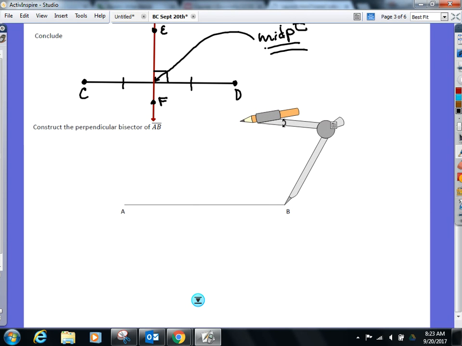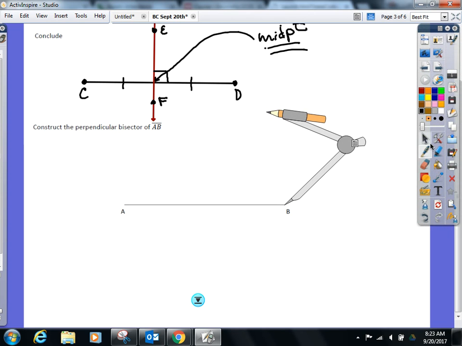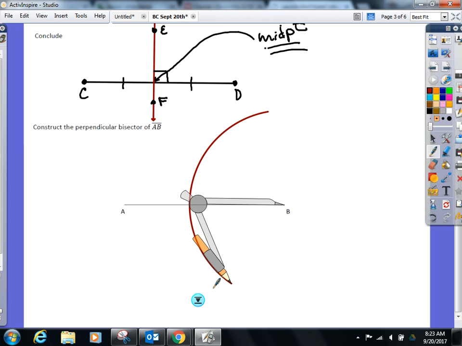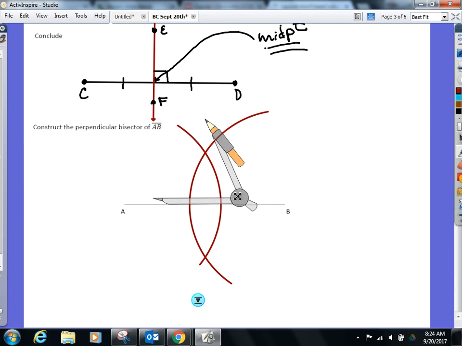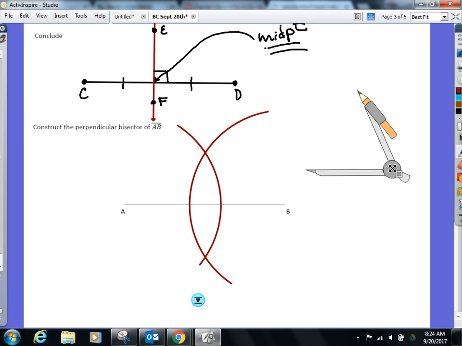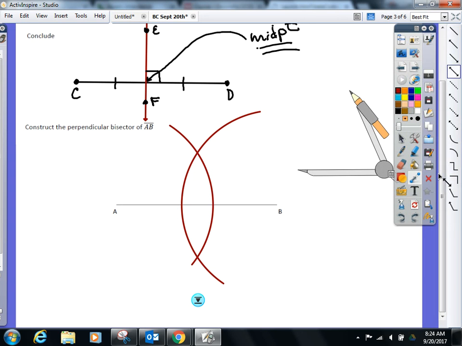Make a good size arc. Keep your same opening of your compass and go where now? The other endpoint. Then line up your straight edge.